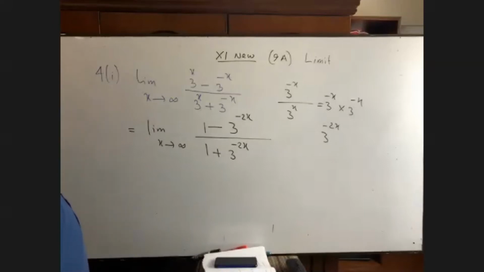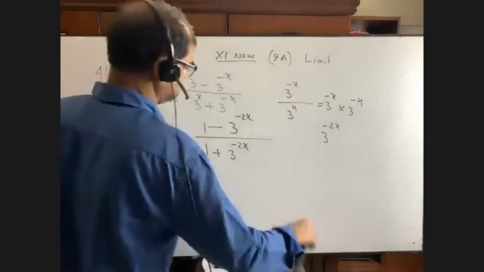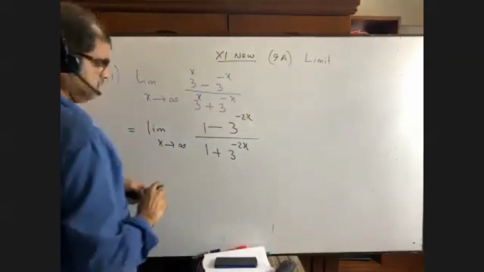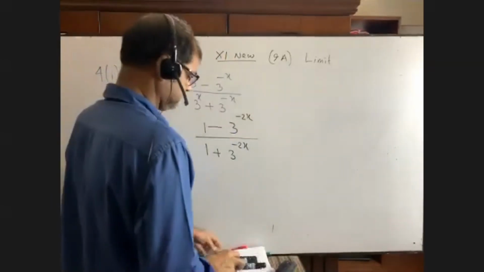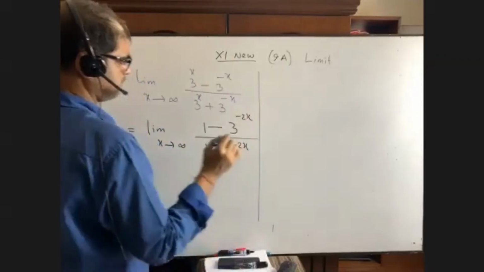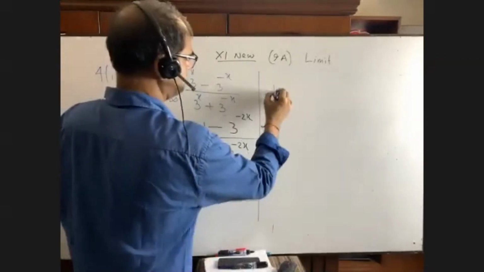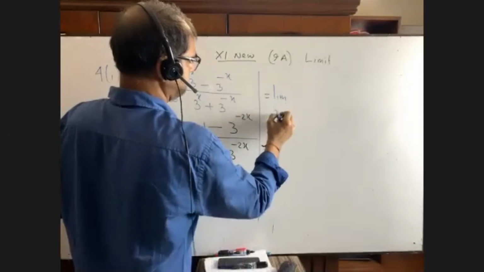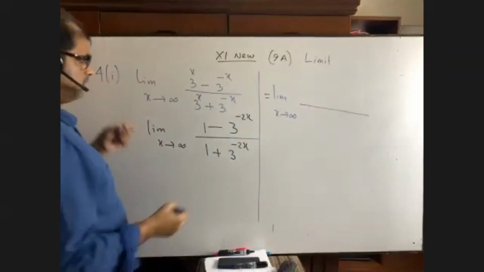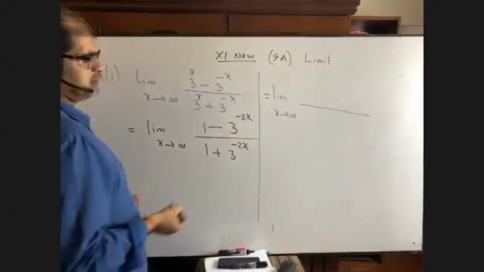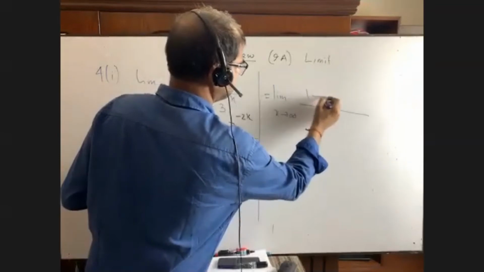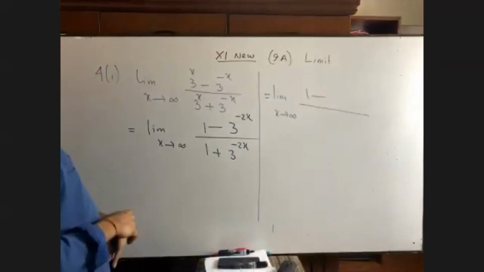Okay. Now, can we write down like this? It implies that it is equal to limit x tends to infinity. Now, can you please tell me what is 3 to the power minus 2x? Can you please let me know?